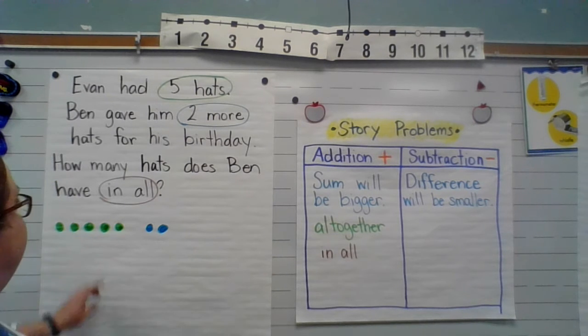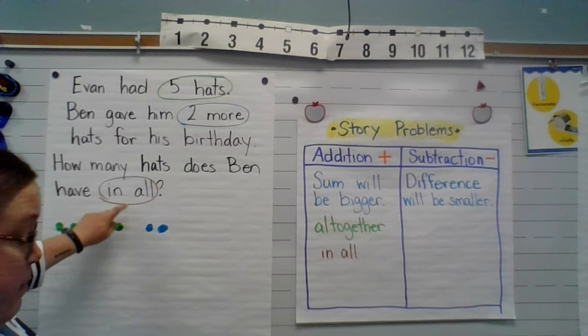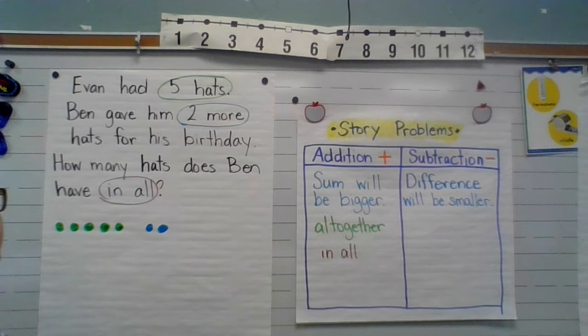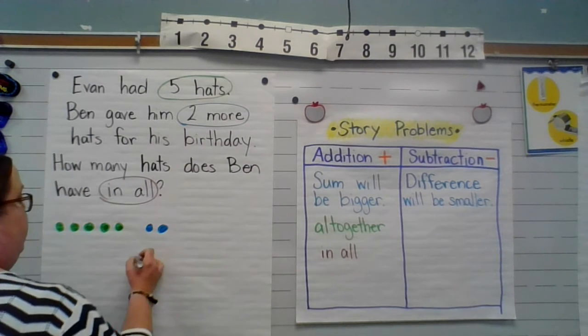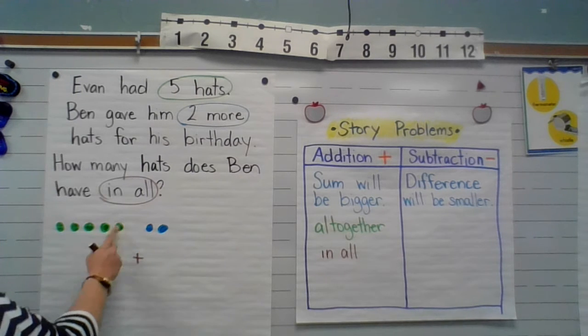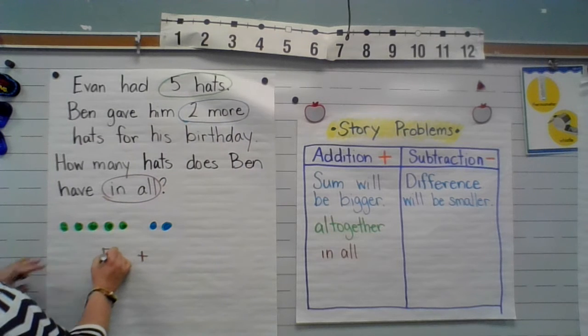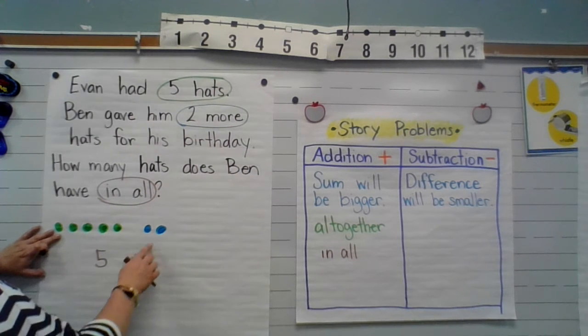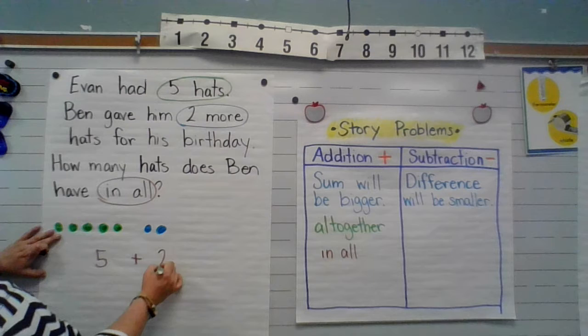Let's see, and then this one is an important part too, remember? That means we're going to add. We're going to add 1, 2, 3, 4, 5 plus 1, 2.